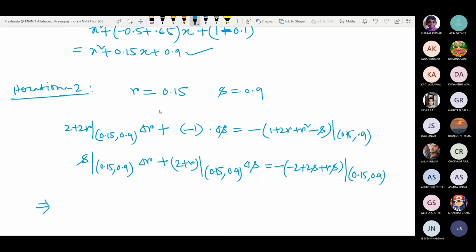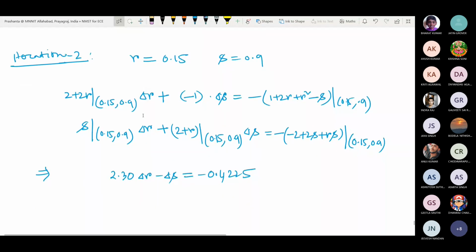Okay. So after doing the calculation, the two equations you will be getting, let me write down this time for you. 2.30 times delta r minus delta s equals to minus 0.4225, and another equation will be 0.9 into delta r plus 2.15 into delta s equals to minus 0.65.